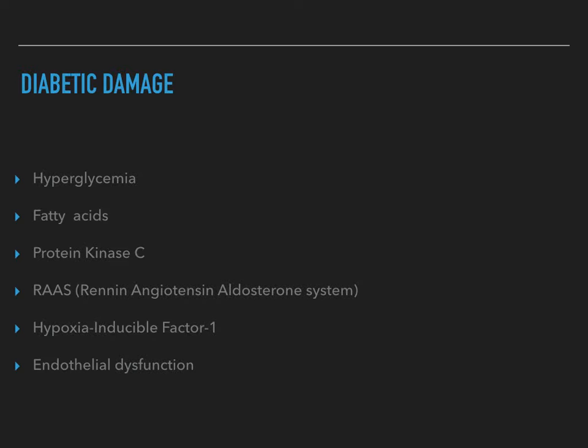With hyperglycemia, we could see, for example, one of the principal abnormalities is impaired coronary vasodilation, secondary to the increased production of AGEs, which stands for advanced glycation end products.